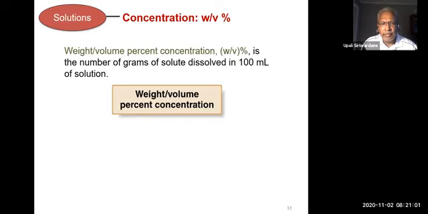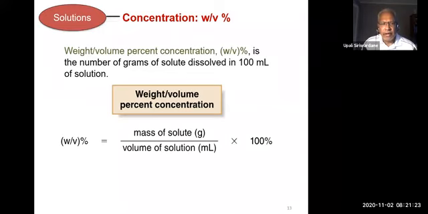You take the solute in grams, measure the total volume of the solution, and divide by 100 milliliters. The mass of the solute in grams divided by the volume of the solution in milliliters, multiplied by 100.